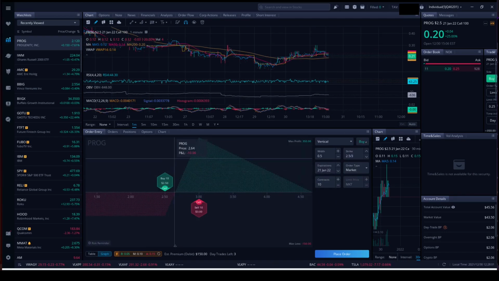So this is what actual max profit and loss would look like with this type of spread. With a vertical call spread, the way it works is your max risk is whatever you paid for the options. So if you're paying a total of $100, then that's the most you can lose.